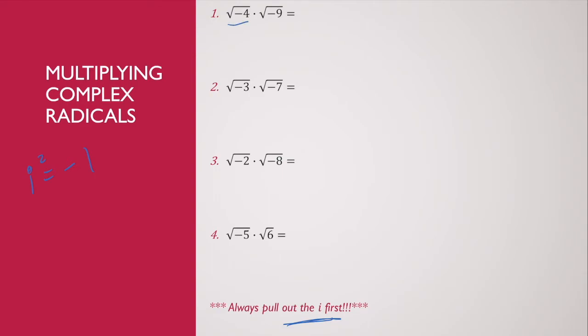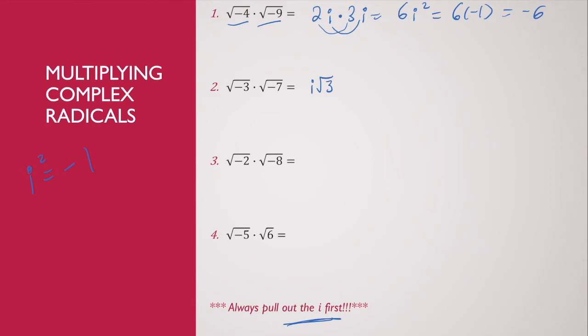I have the square root of negative 4, which is 2i, times the square root of negative 9, which is 3i. So I get 2 times 3, which is 6. i times i is i squared. Well, i squared is negative 1. My final answer is negative 6. Let's try this again.